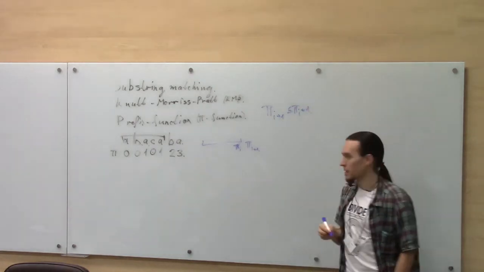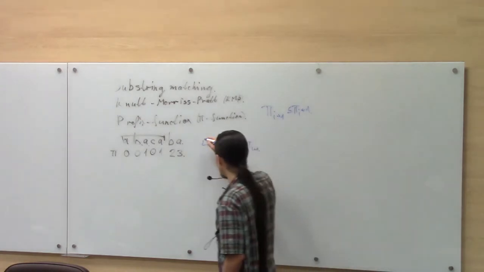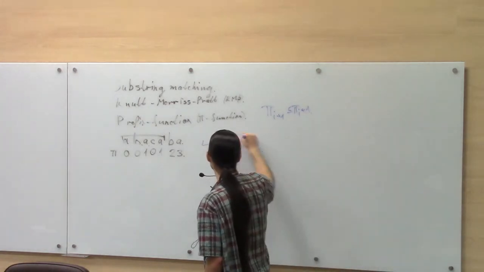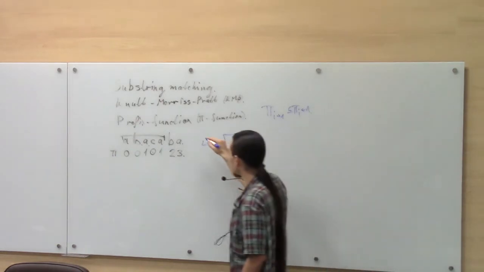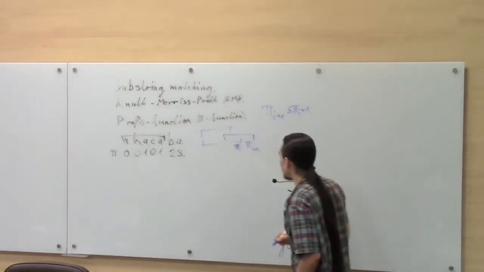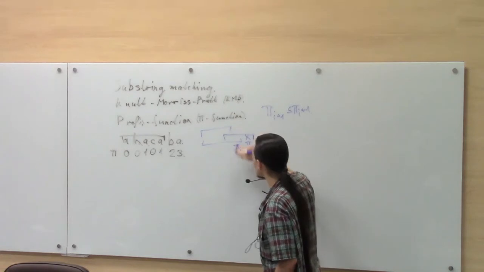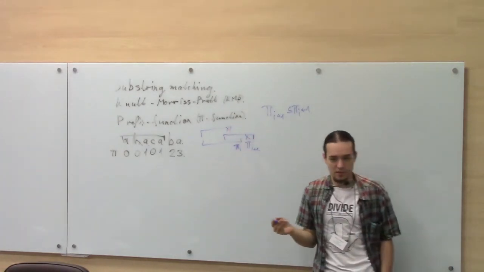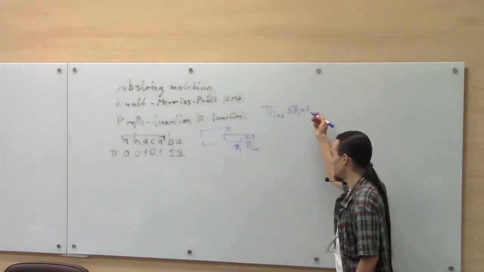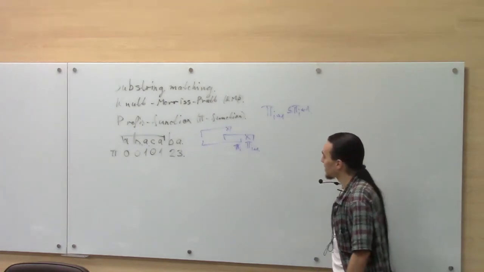The reason is that if you look at the match that ends at the i plus 1th position, then deleting the last character on both sides, we obtain a match that's only one character smaller. So that's the reason for this inequality.